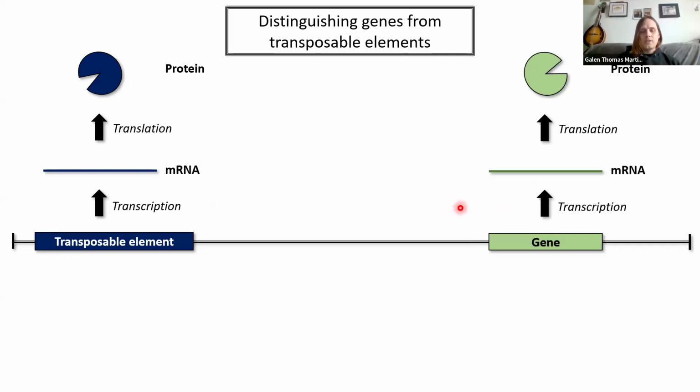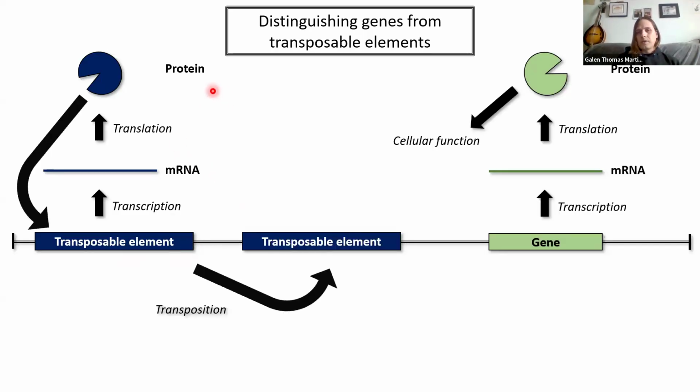They're DNA sequences in the genome, and the autonomous transposable elements, at least, follow essentially the same pathway that genes follow, where they're transcribed into mRNAs and then translated into proteins. And of course, the real difference between genes and transposable elements, as we understand them, is that genes go on to do important cellular functions generally, whereas the proteins created by transposable elements go on to transpose the transposable element from one locus to another and duplicate themselves.